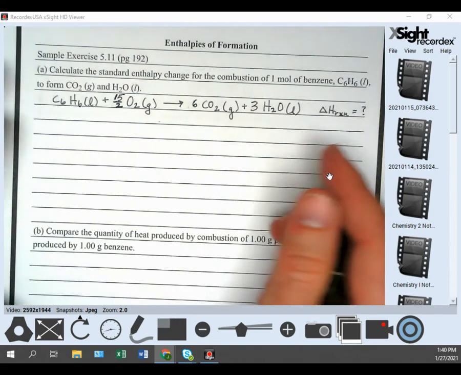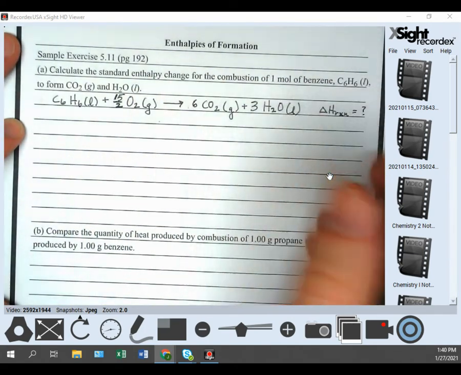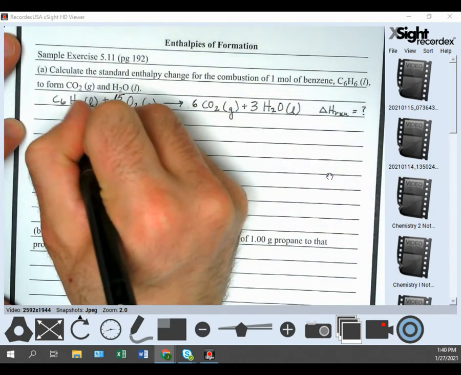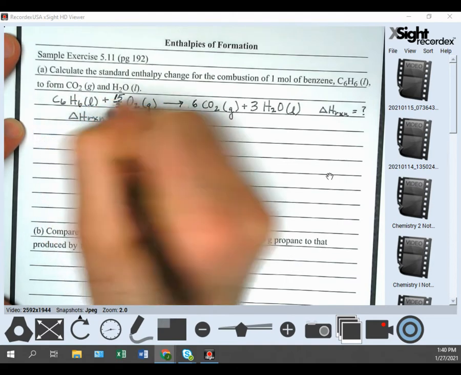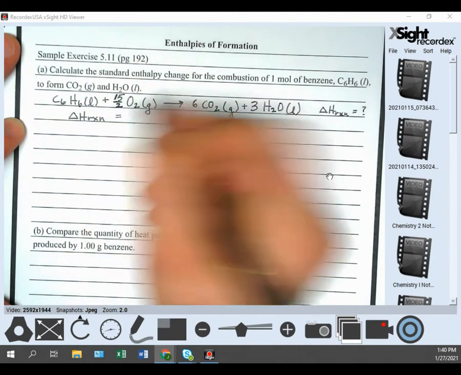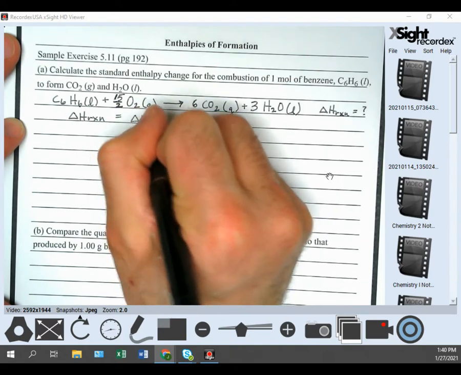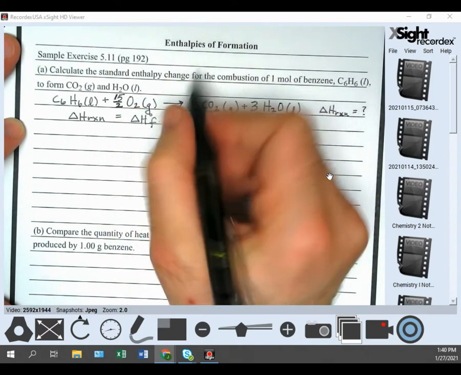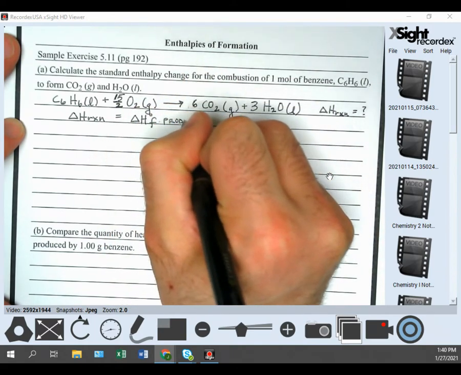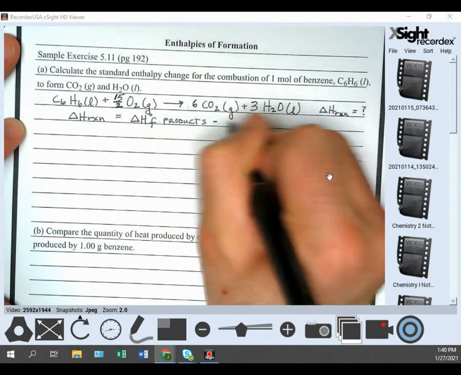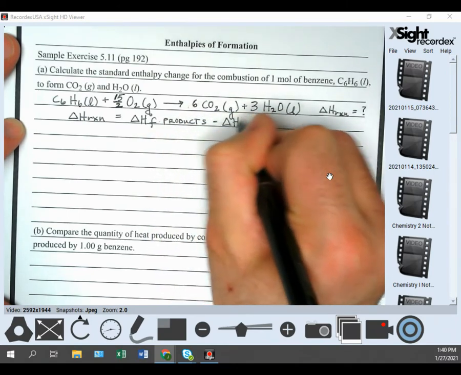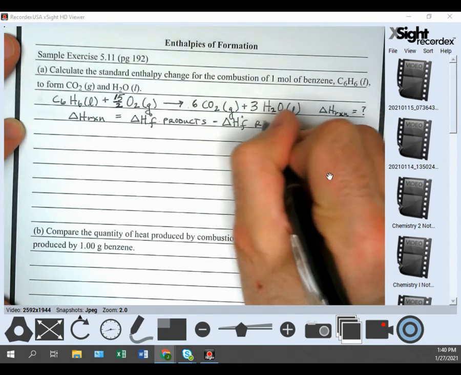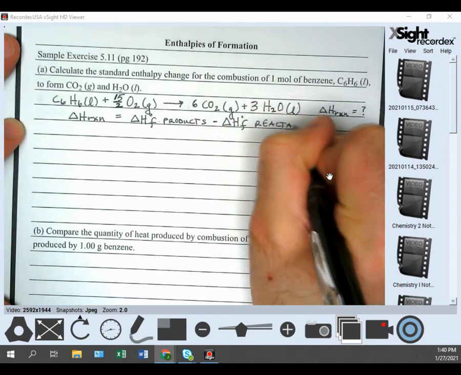Now, what we're doing is this. We want to find the delta H of the reaction, which means we're going to take the delta H of formation of the products minus the delta H formation of the reactants. Okay.